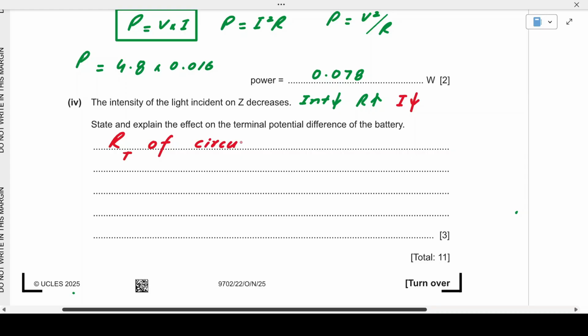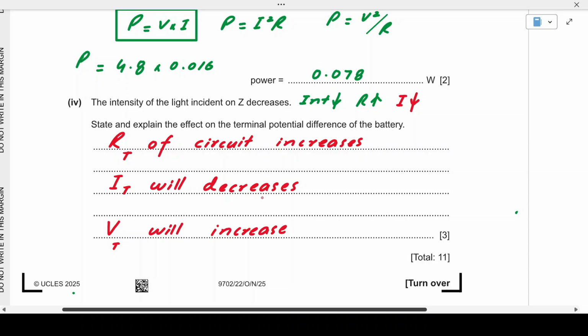Total resistance of the circuit increases. It means the total current withdrawn by the battery or the total current in the circuit will decrease. And if the total current in the circuit decreases, terminal potential difference will increase.